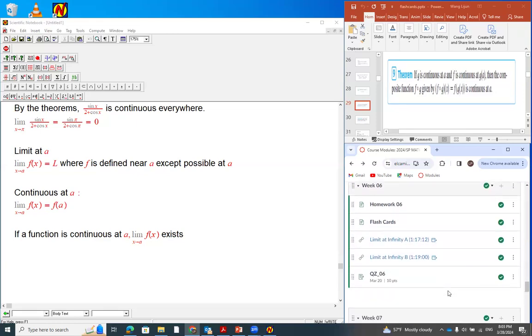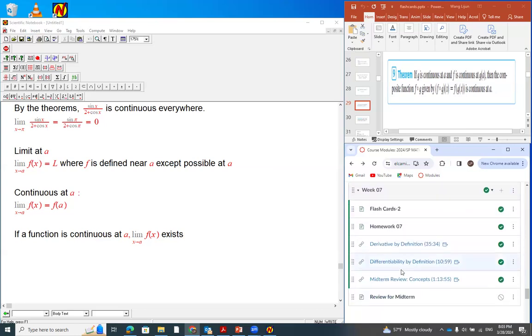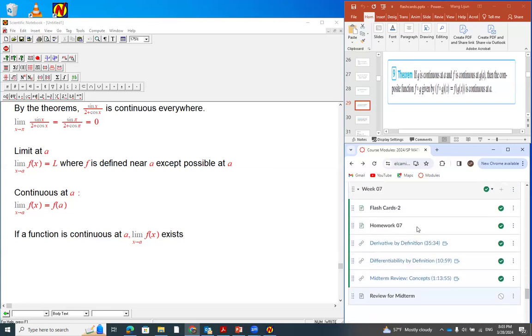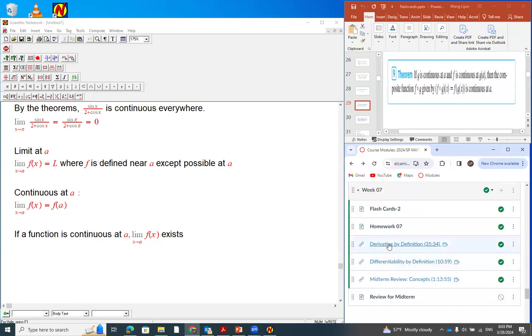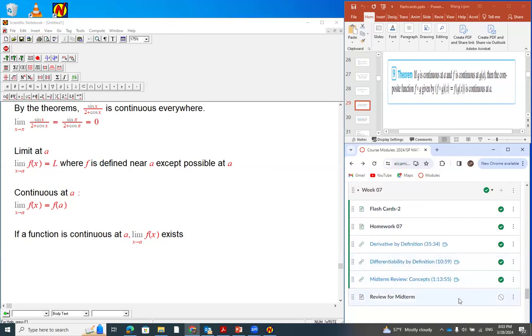And the quiz. In week number 6, by this time we have introduced differentiability and derivative, limit at infinity, we have 2 of them, and then differentiability by definition. There was a midterm review done with more examples. That was a recorded lesson, and you can take a look.